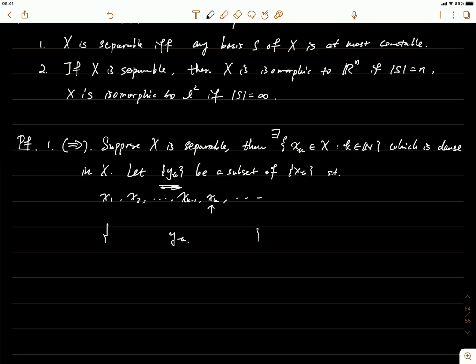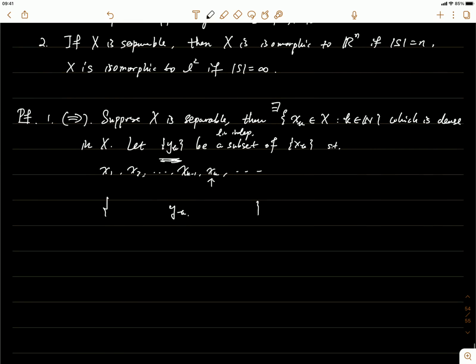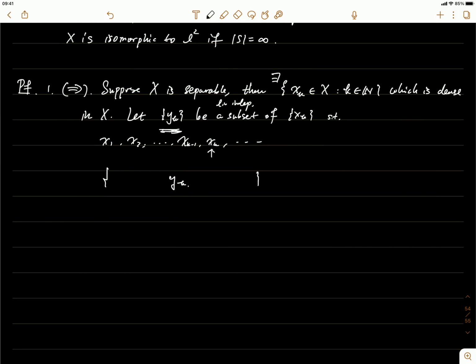And now once we have the yk, we can do the Gram-Schmidt orthogonalization because I have a linearly independent set. It's linearly independent, so they can form the basis or form an orthonormal set out of it. So this is how I got this orthonormal set.